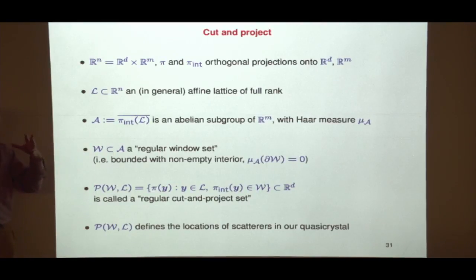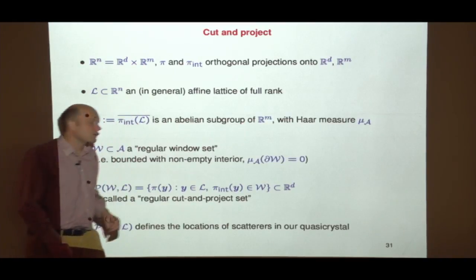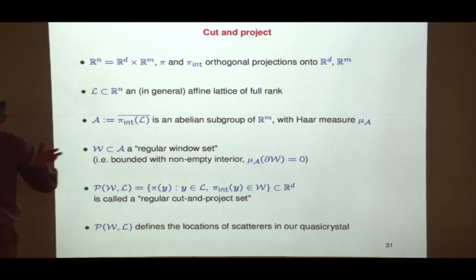The way you could think about this is simply think of it as being equal to R^m. If you orient your lattice in a nice generic way, it will be equal to R^m. We're just going to do this because there are some interesting cases, including the Penrose tiling, for which it's not going to be R^m. But forget about this. Just think of A as being R^m.